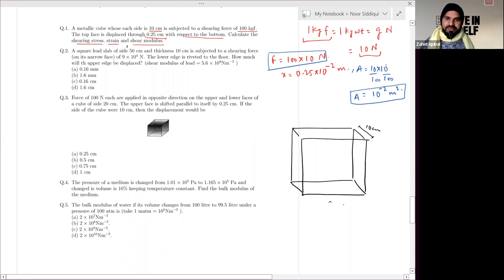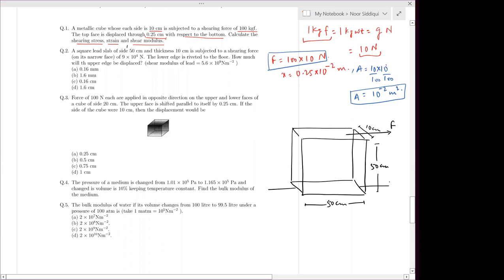So this is 50 centimeter and this is also 50 centimeter, on which a force is applied along this direction. And in this part, its base is kept fixed. Is it clear? Yes, sir.